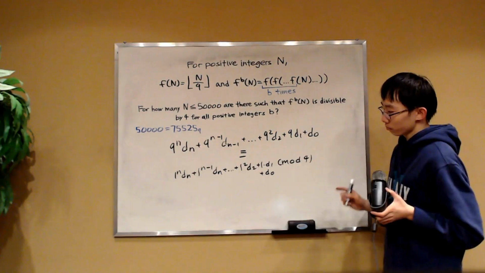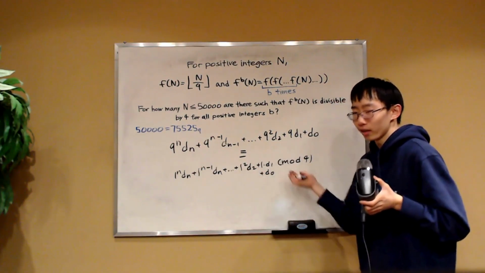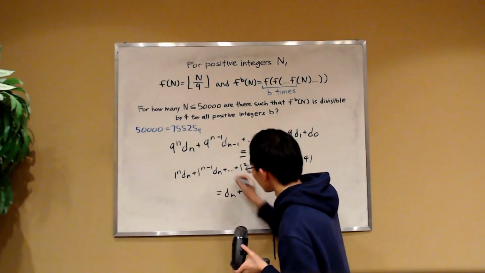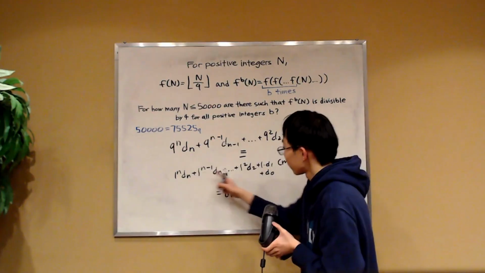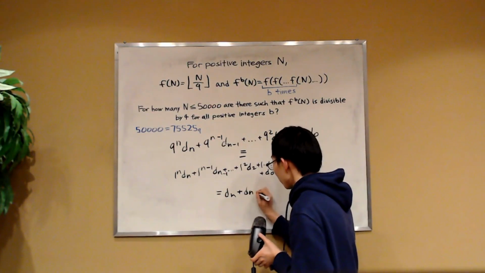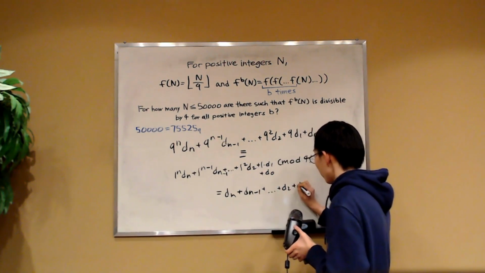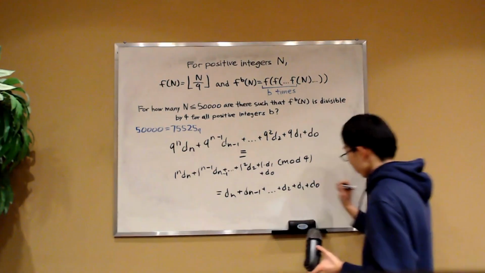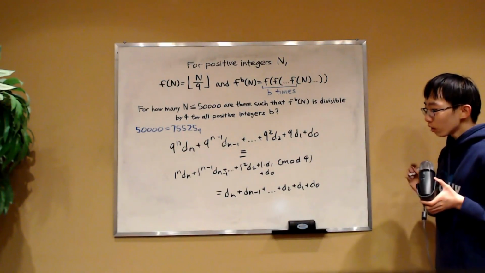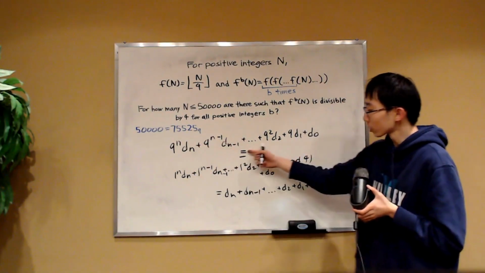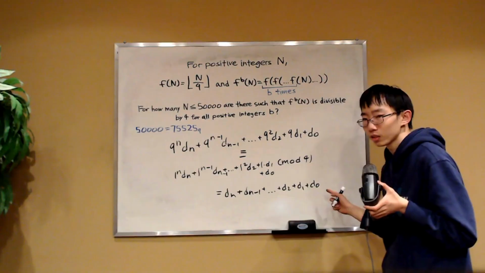Now notice that all of these 1s are just 1s. So this is literally equal to dn plus d(n-1), and then plus dot dot dot d2, d1, d0.